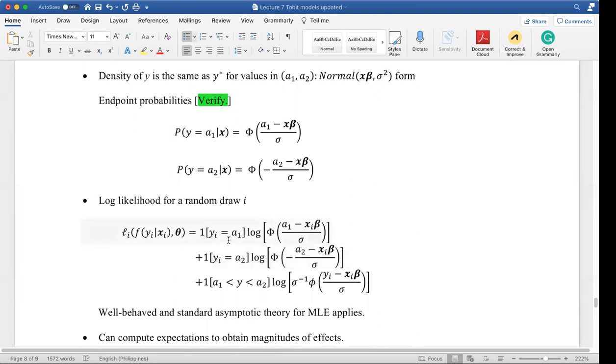So we have three cases: y sub i is equal to a sub 1, y is between a sub 1 and a sub 2, and y is equal to a sub 2. Note that the y's are observed values, so this should have a subscript.